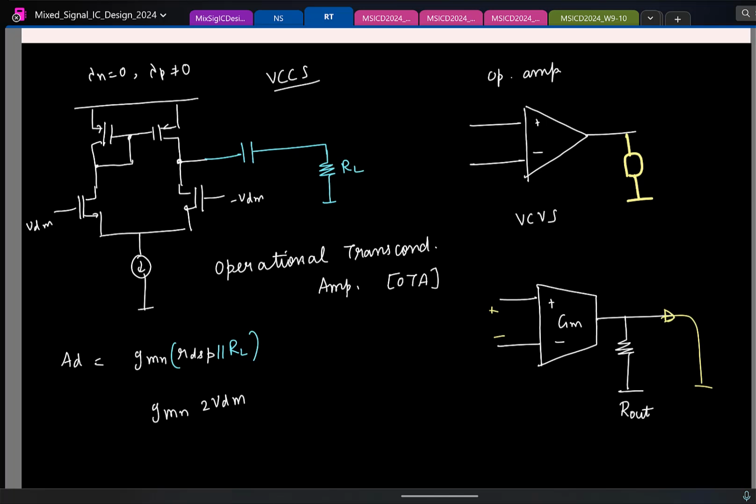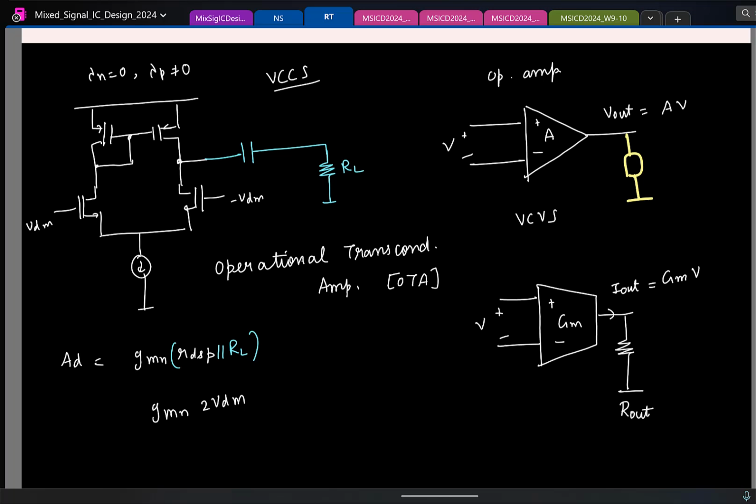Maybe I didn't explain it clearly. When I say it's an OTA, what it means is if I apply a voltage V, the current Iout is GM times V. Similarly for an op amp, if I apply a voltage V and it has a gain of A, the output voltage is A times V, that's all.